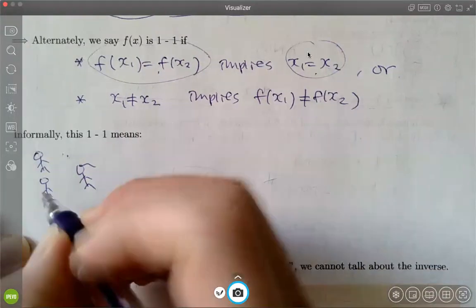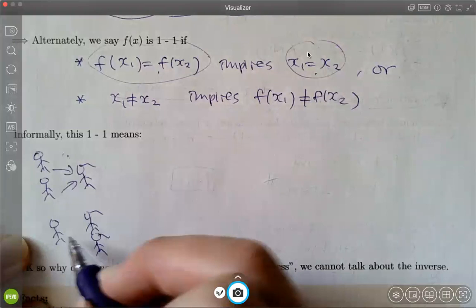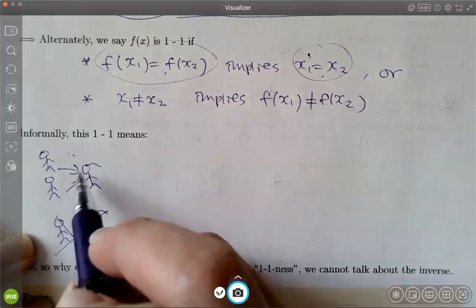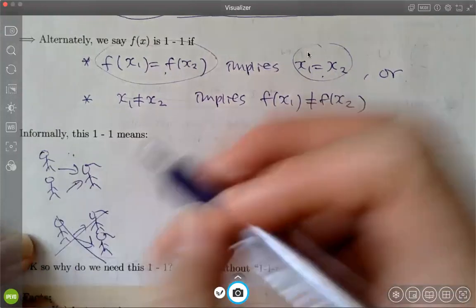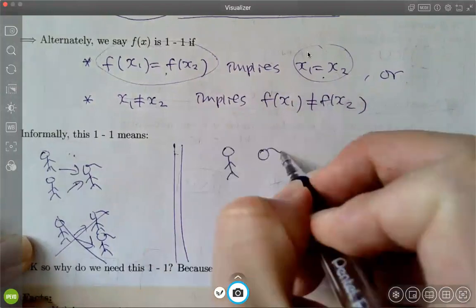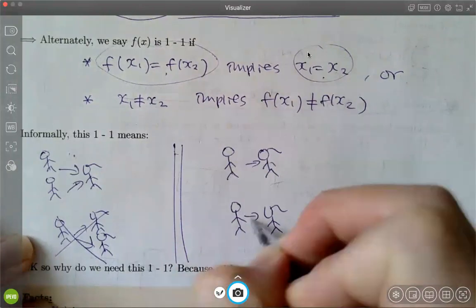Now remember, this was okay, right? But this isn't, because that's a function, whereas this isn't. Now, one-to-one simply means this.